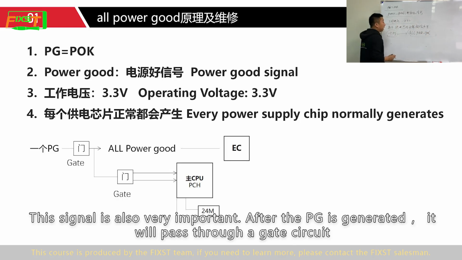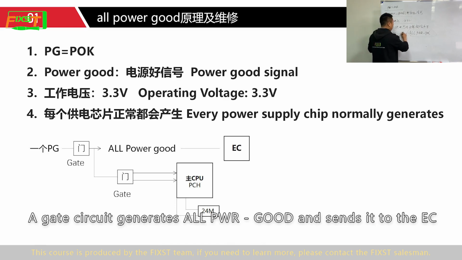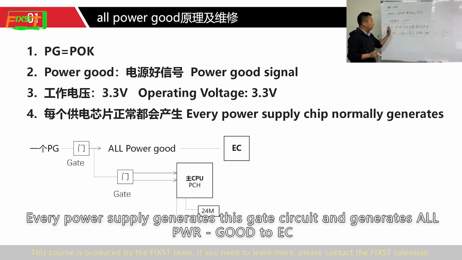This signal is also very important. After PG is generated, it will pass through a gate circuit. The gate circuit generates all PWR good and sends it to the EC. Every power supply generates a gate circuit and generates all PWR good to the EC.